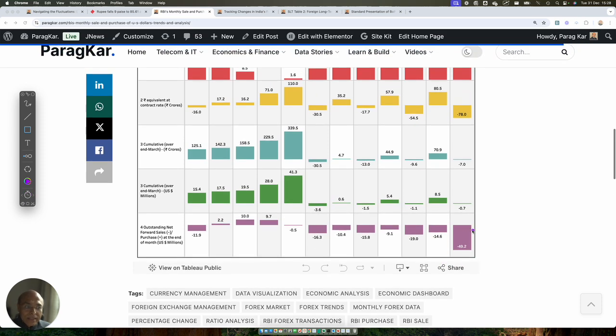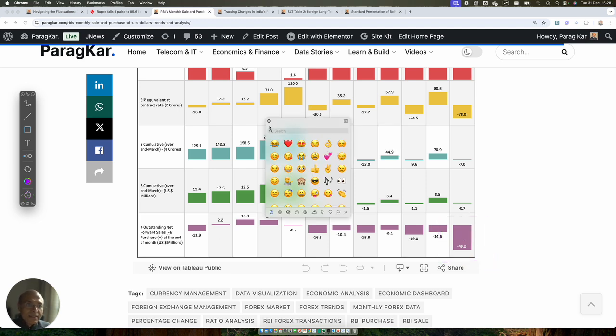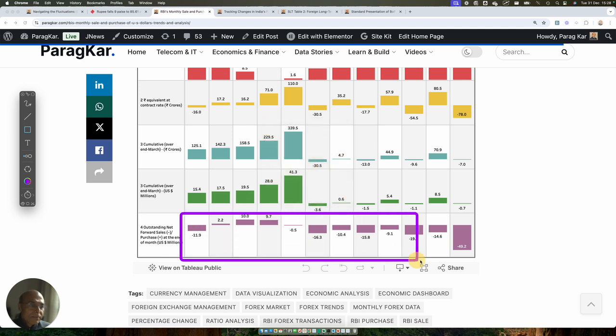So that is an indication that RBI was anticipating that rupee is going to get devalued, and therefore this forward position RBI has taken in the month of October, which is huge. You see, minus $49.2 billion, and it is very, very high compared to any of the earlier previous months, right?